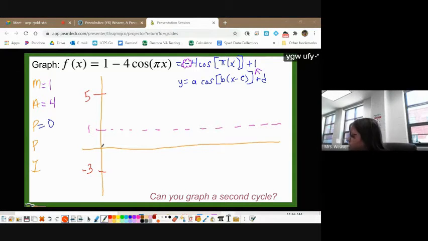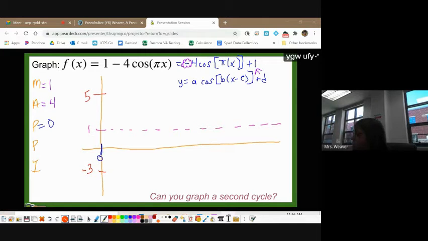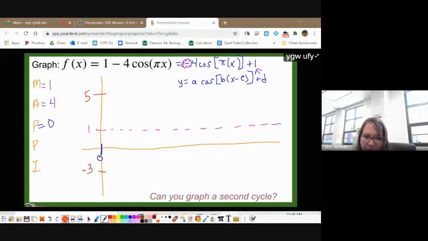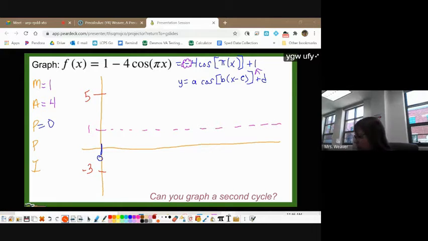Our starting point is at 0. So on the x-axis, my first of the 5 critical values is 0. So I'm going to go ahead and mark it because I want to still remember that that's going to be my starting point. Okay. The second P stands for period. Period is always the period of the parent function, which for cosine and sine is 2 pi, divided by our B value. Sarah, what is our B value?